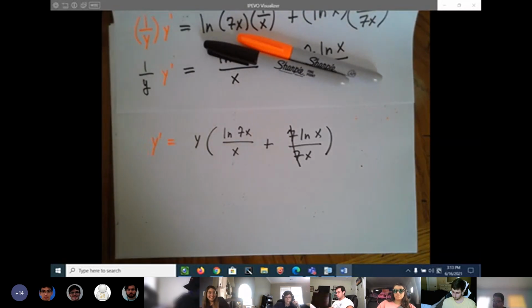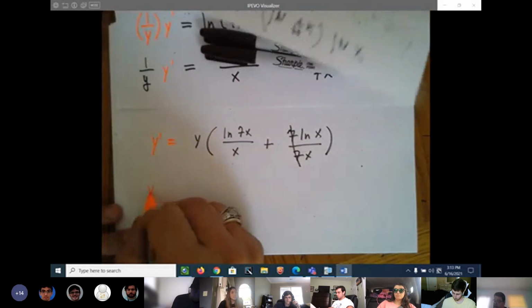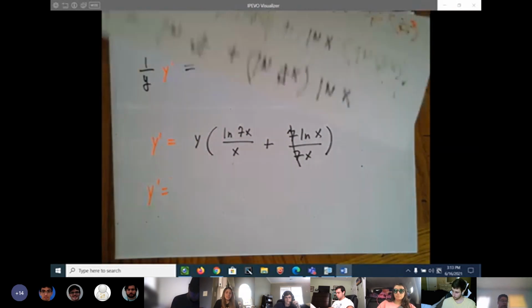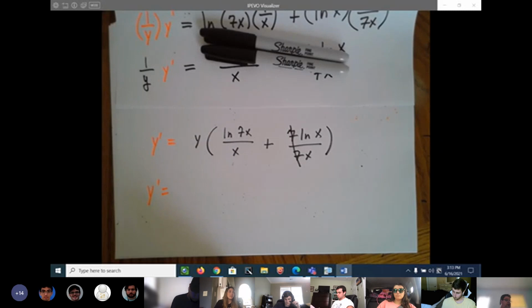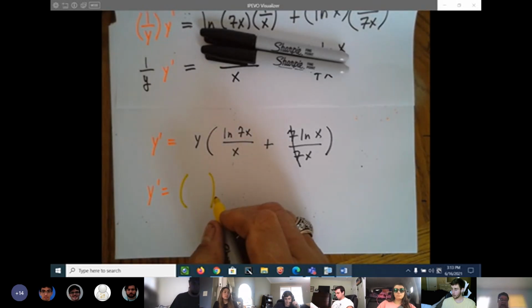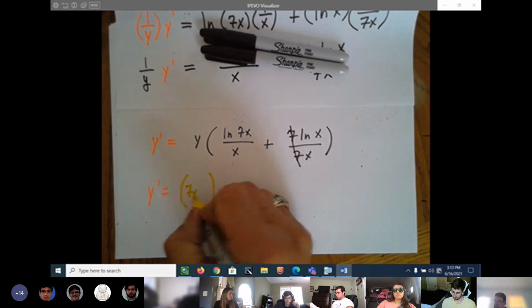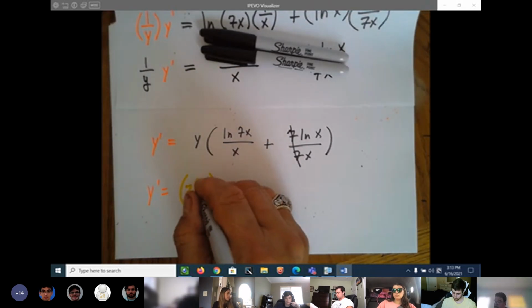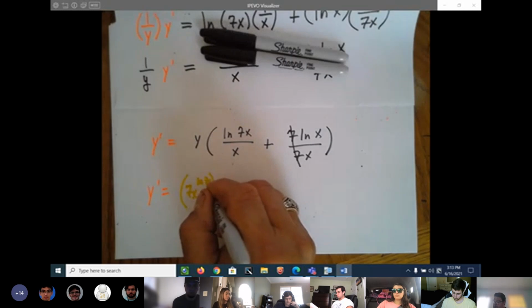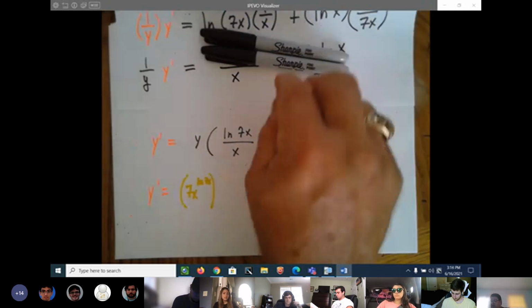So y prime is equal to, and I'm going to use a different color. I'm going to use yellow because I'm going to bring y back in, and y is equal to 7x to the natural log of 7x times all that stuff.